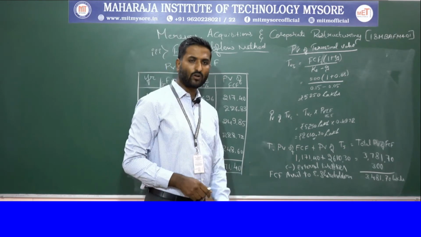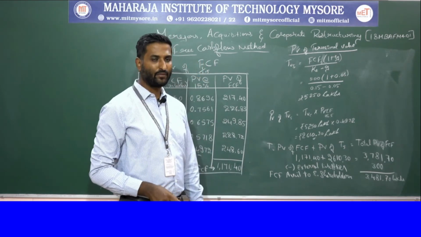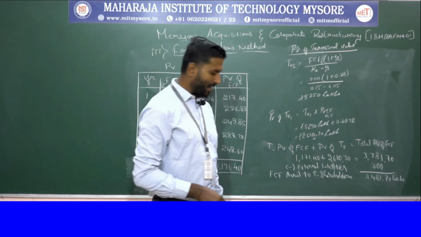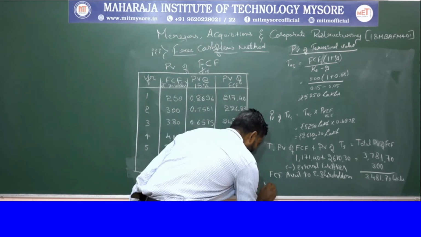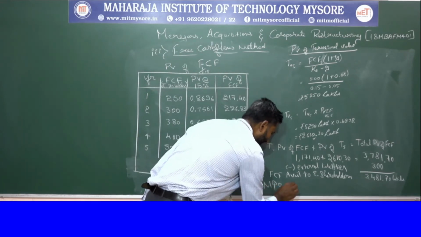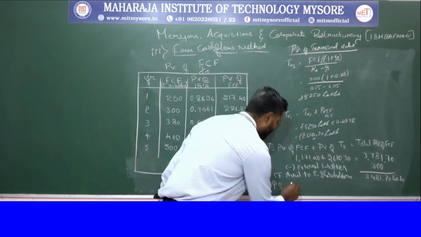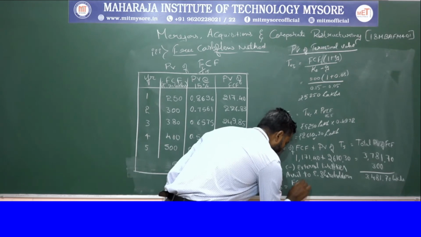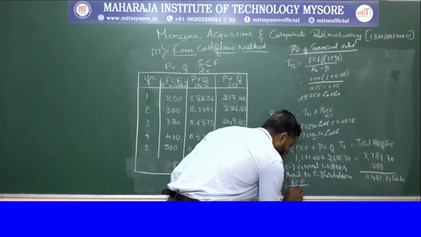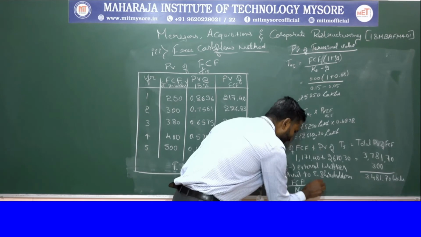Then if you want to convert this into the market value, the market price per share equals the total FCF value we got divided by the number of shares.